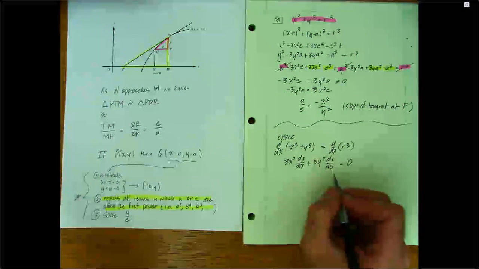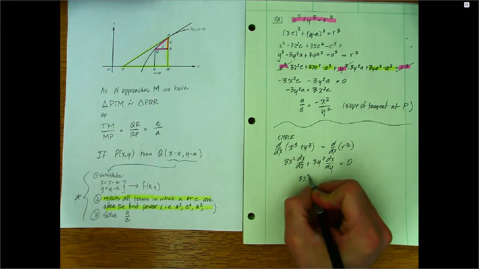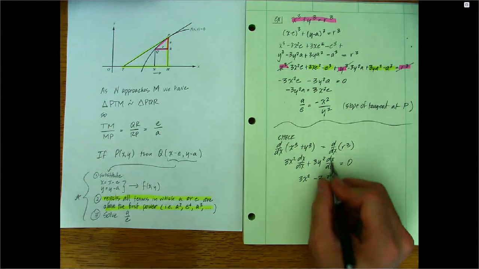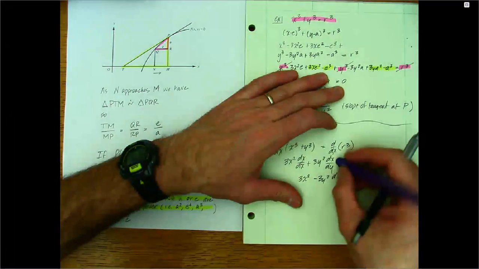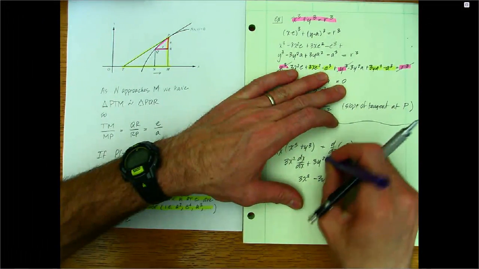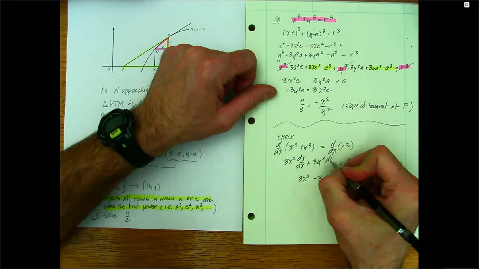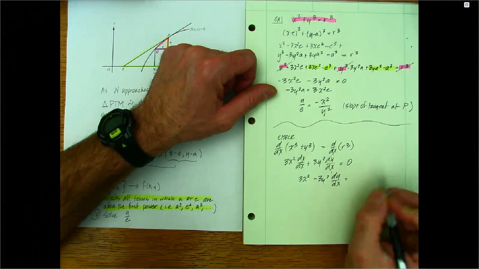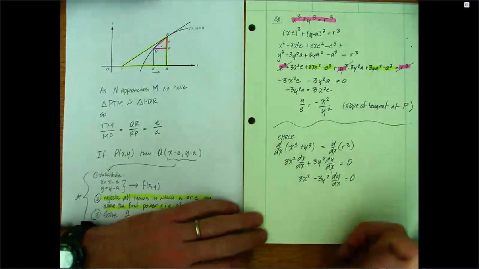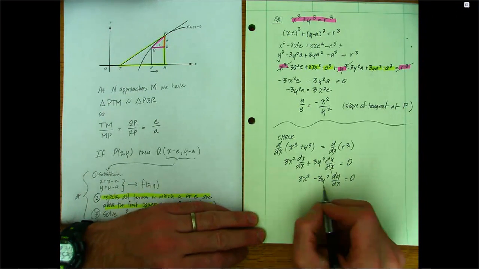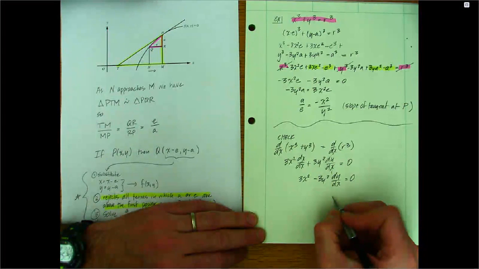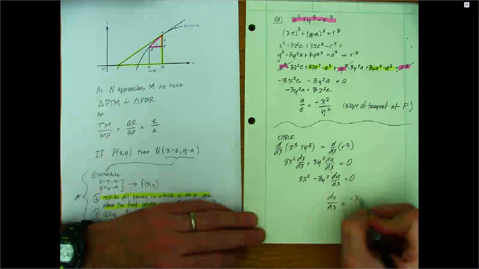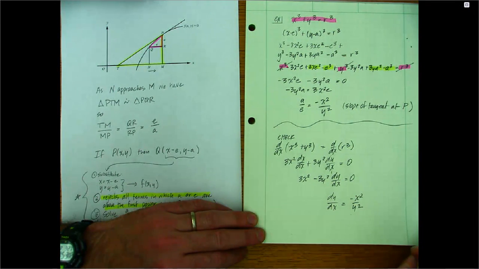The dx over dx is just a 1, so we have 3x squared plus 3y squared dy/dx. And of course dy/dx in our modern notation is the slope that we're after. So I'll subtract 3x squared and divide by 3y squared and get a result that dy/dx is equal to negative x squared over y squared.